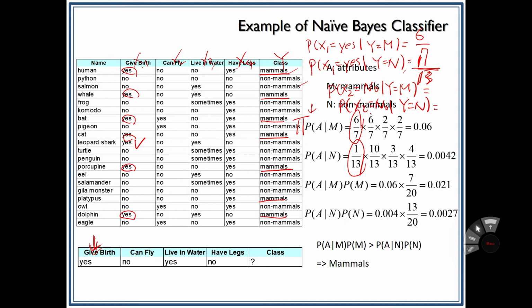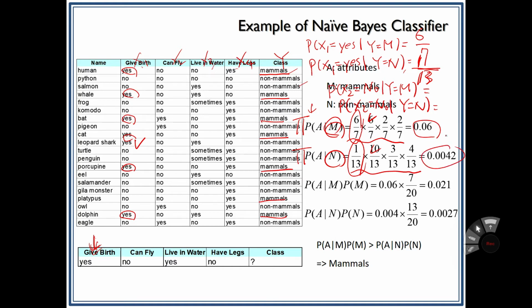They are this one and this one. In this way, you can estimate all necessary conditional probabilities for mammal and for non-mammal. Then multiply all those conditional probabilities, and the result is 0.06 and 0.0042.